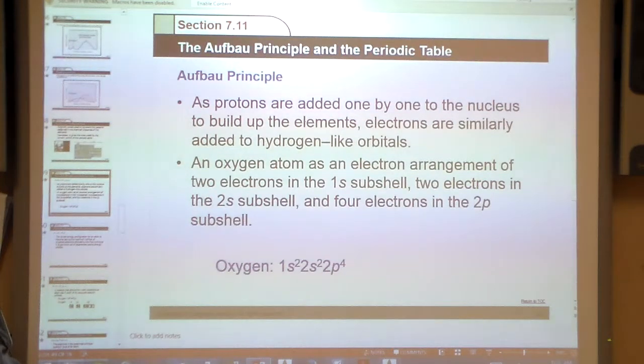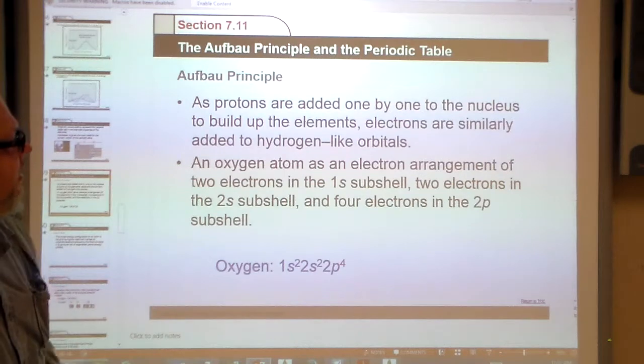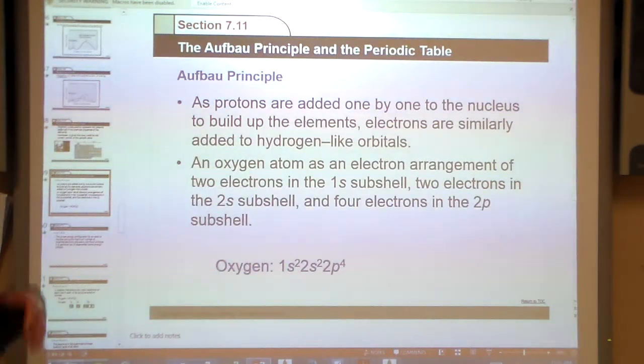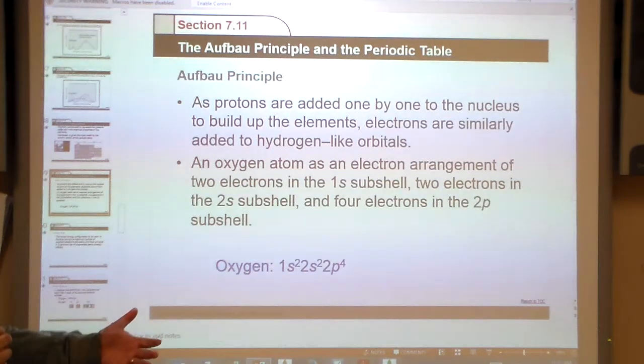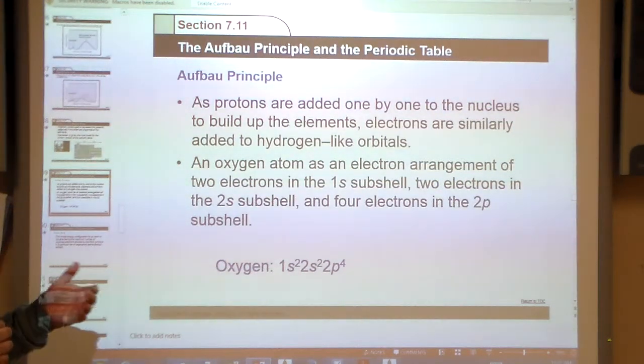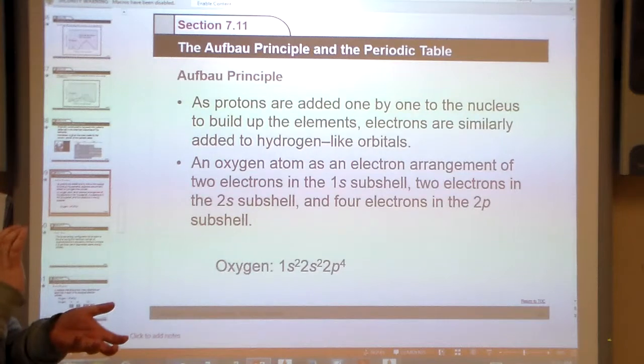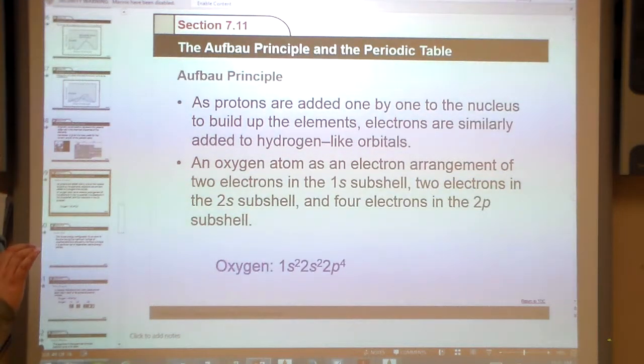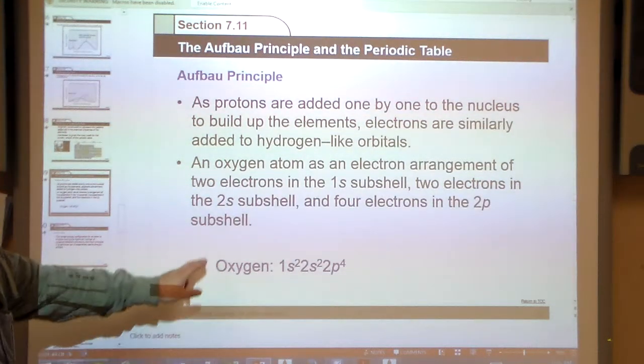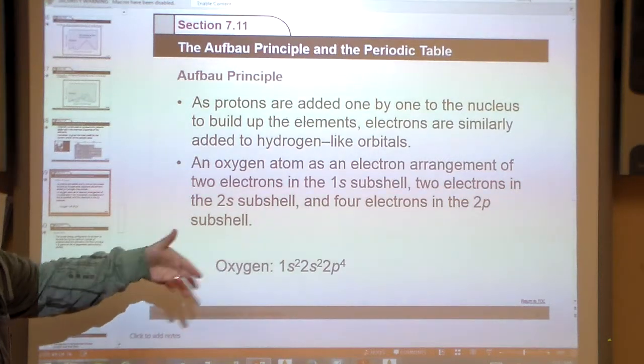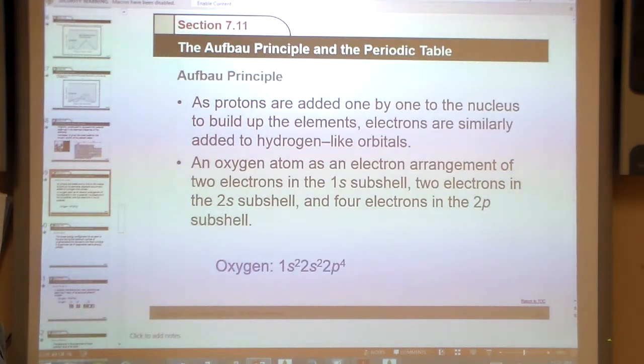Now we have to talk a little bit about the Aufbau principle, okay? Basically the idea is this. When you keep adding protons to the nucleus, the electrons are also similarly added, kind of like the hydrogen-like orbitals. And what does that mean? Well, there's a certain order that needs to be filled in.